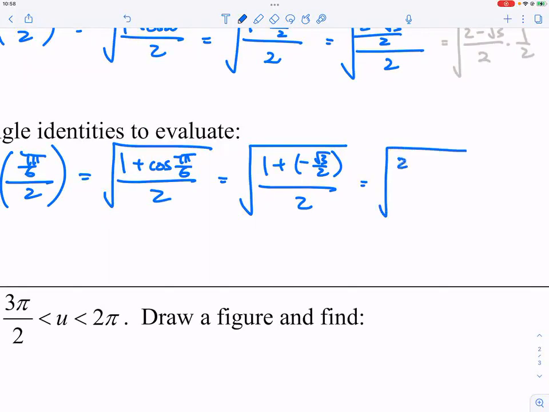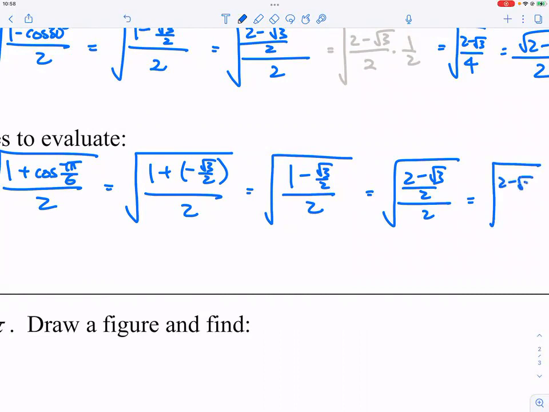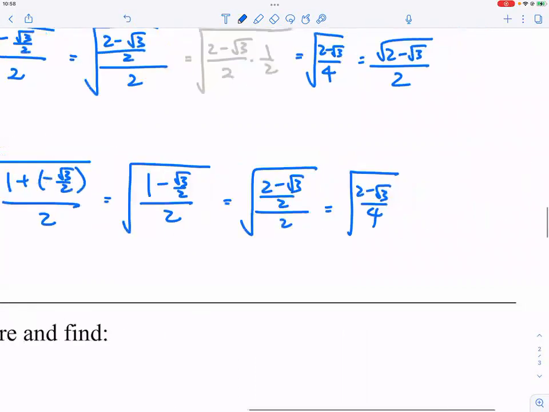And that is, well, no, 1 minus root 3 over 2, over 2. And then 2 minus root 3 over 2, all over 2. So you have square root of 2 minus root 3 over 4, which gives you square root of 2 minus root 3 over 2. Okay?